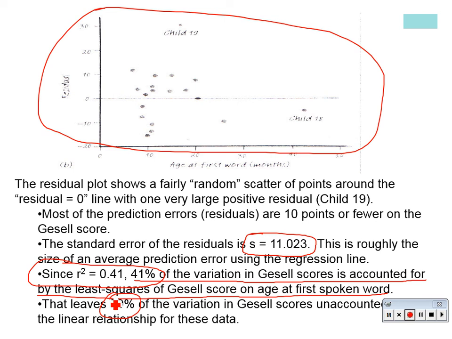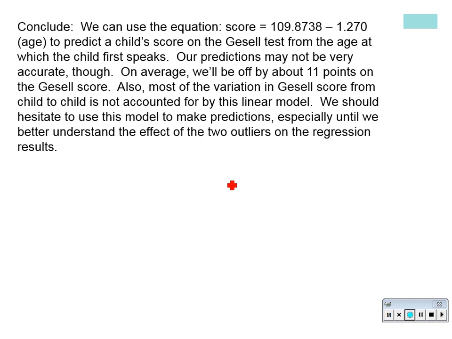Since this value is on the small side, and you can see there's a lot of variation in your points in terms of how close the points are to the least squares regression line, we're not sure how good this line is going to be in terms of using it to make predictions about other data values that aren't in our data set.